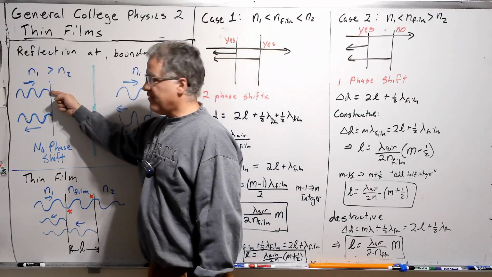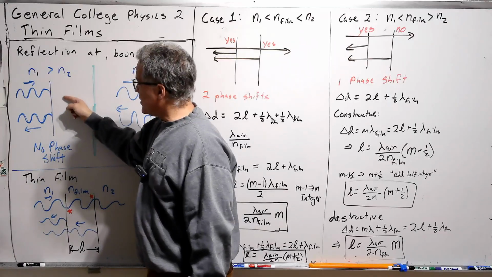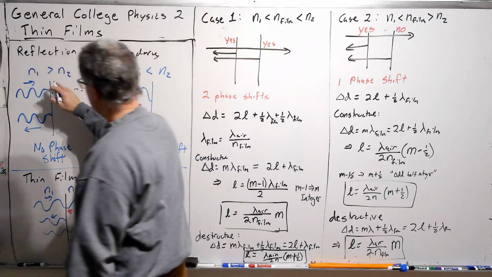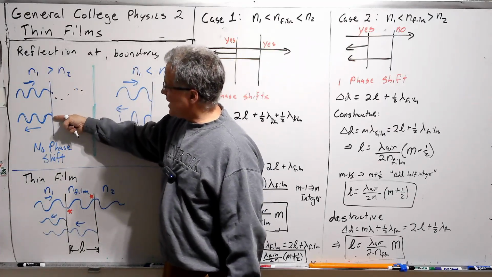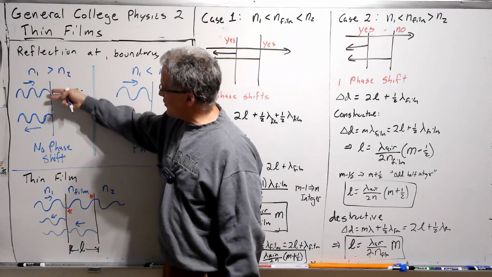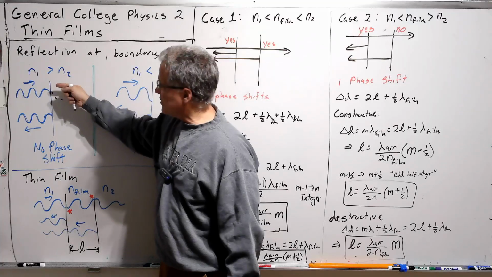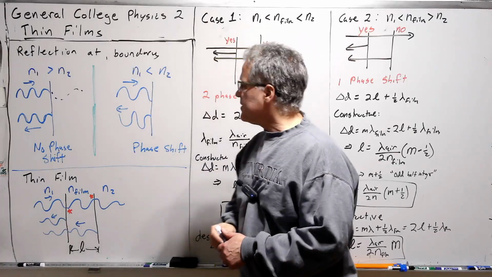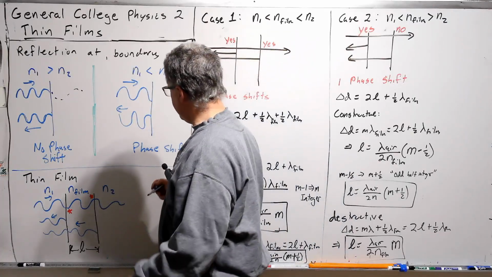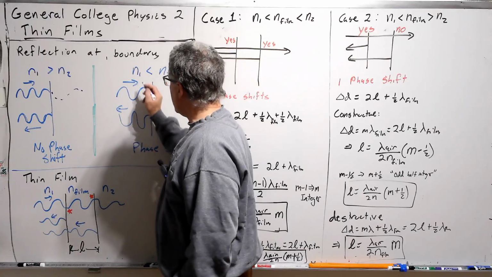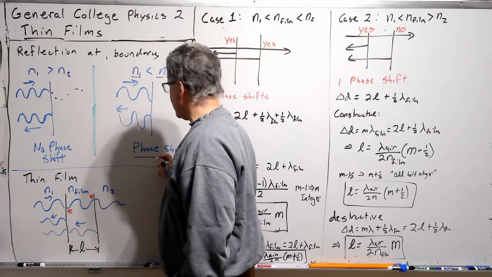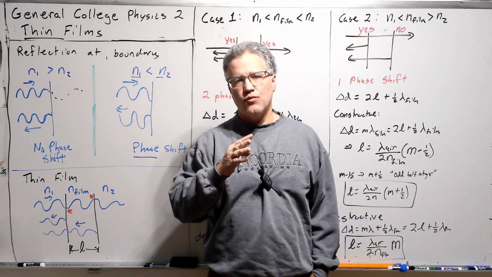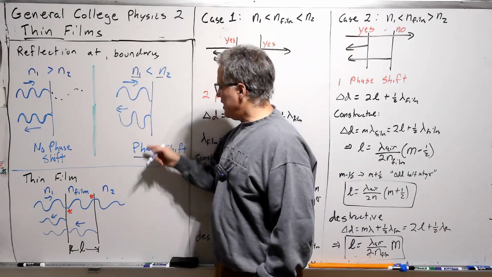Now, this is going to reflect, and it's also going to transmit through. I'm not showing that here, but this would extend through. But it's going to reflect, and I drew it down here. This is really right on top of the incoming line. What's interesting is that if we're coming from a lower index of refraction, it is like we're hitting a wall with the string, and we get a reflection of the signal.